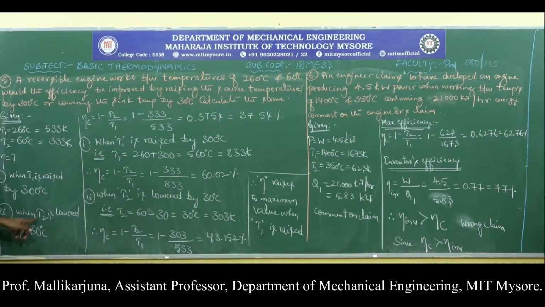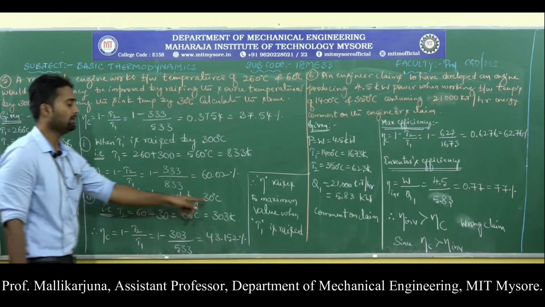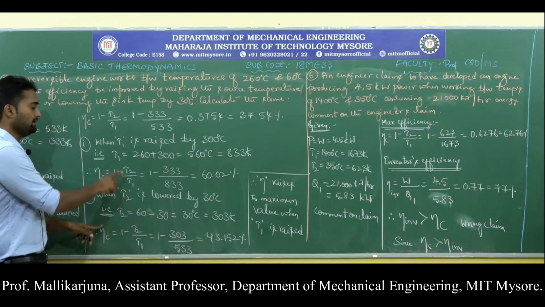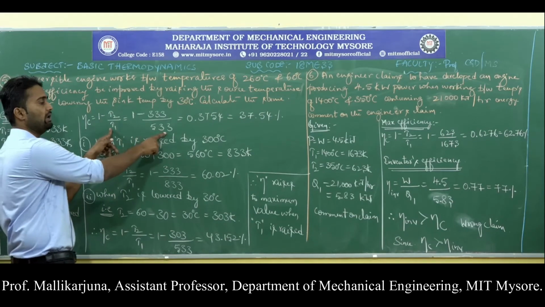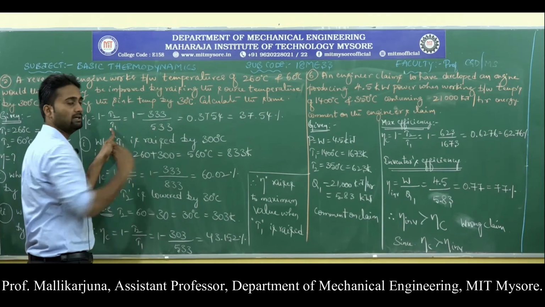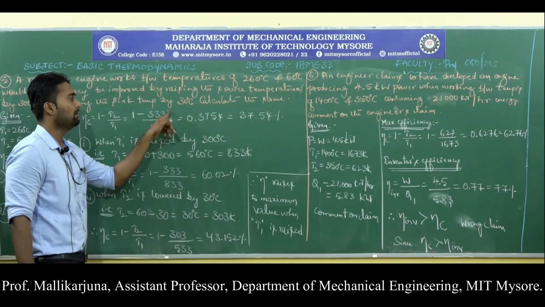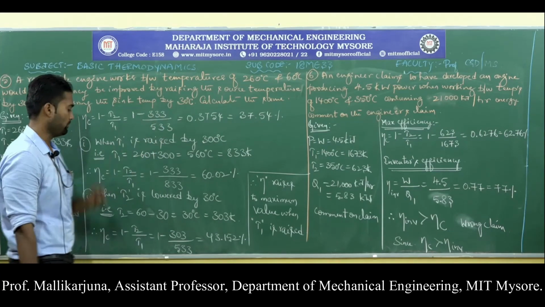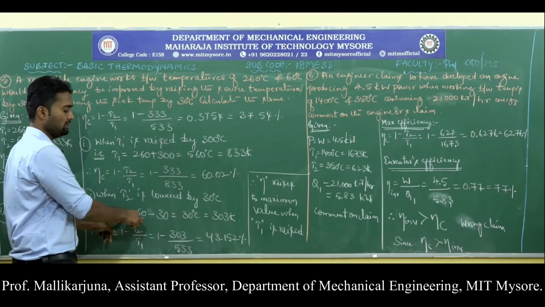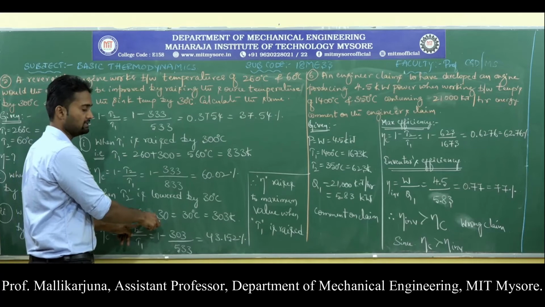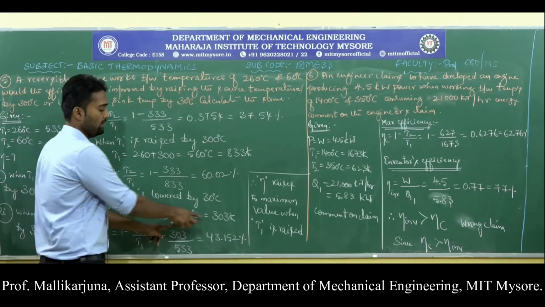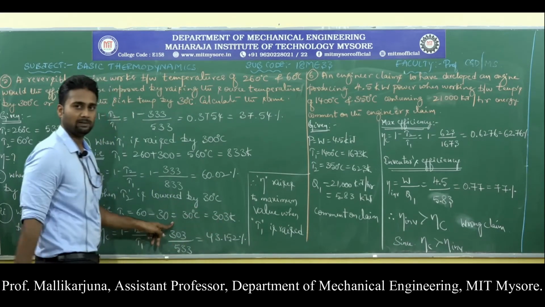Next, second thing, if you lower the temperature by 30 degrees centigrade, when T2 is lowered by 30 degrees centigrade, that means you should not alter the original T1 now. What is the original T1? 533 Kelvin. This should not be altered, but you need to alter T2. That I have done here. T2 initially 60 degrees centigrade minus 30 degrees centigrade, which would be 303 Kelvin.